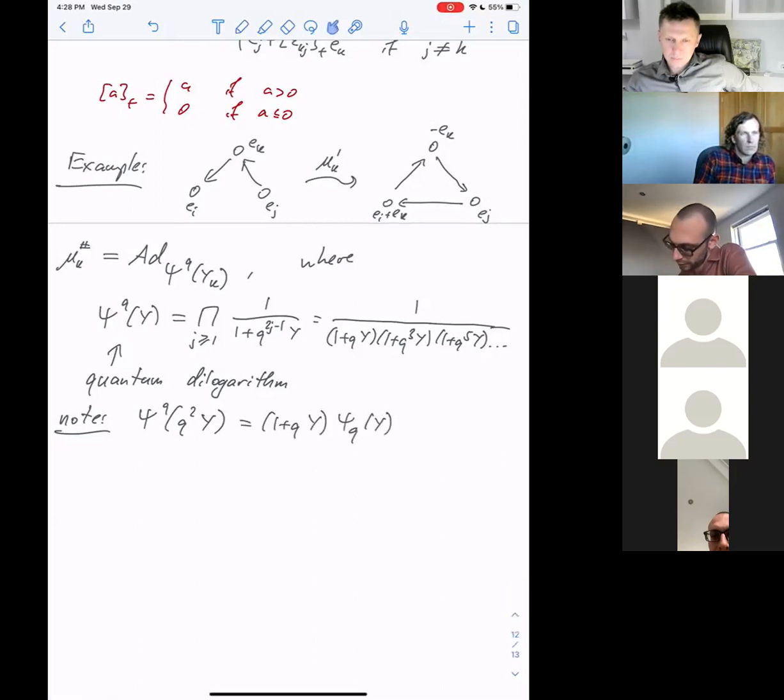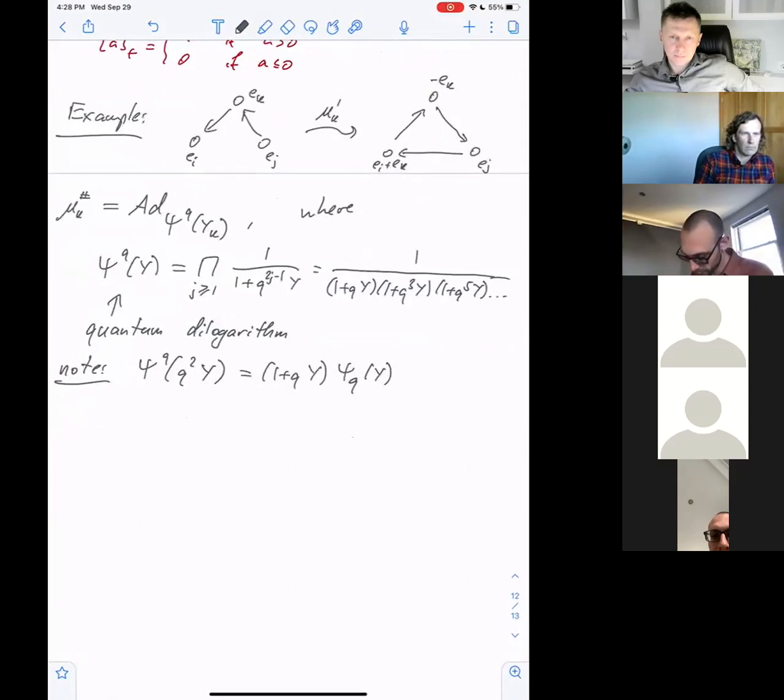Just because when you shift y by q square, your product starts at this term, so you're forgetting this 1 plus qy in the denominator. And if you take a limit in a smart way, you just get the relation for gamma function. Gamma of x plus 1 is x times gamma of x.